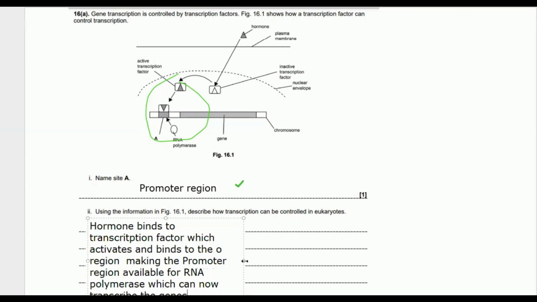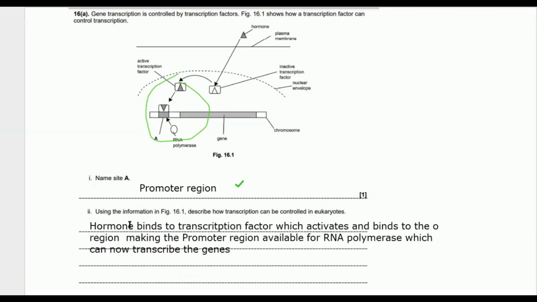So there we go. Really just describing what's happening in the diagram.